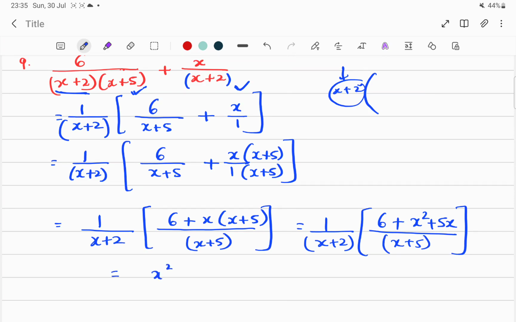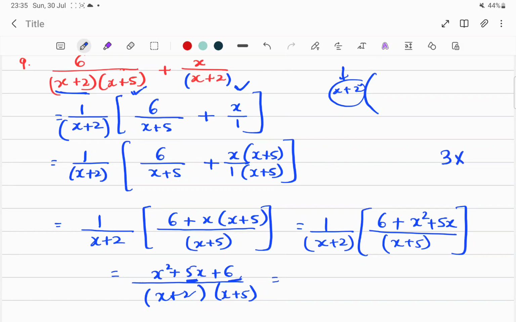So we will be writing it as x squared plus 5x plus 6 divided by x plus 2 times x plus 5. And now if you see this x squared plus 5x plus 6, the sum is 5 and product is 6.